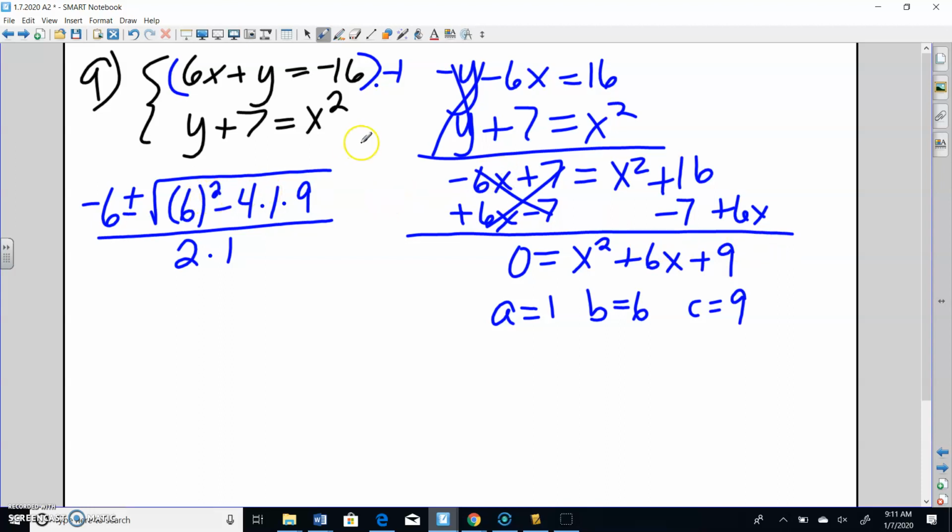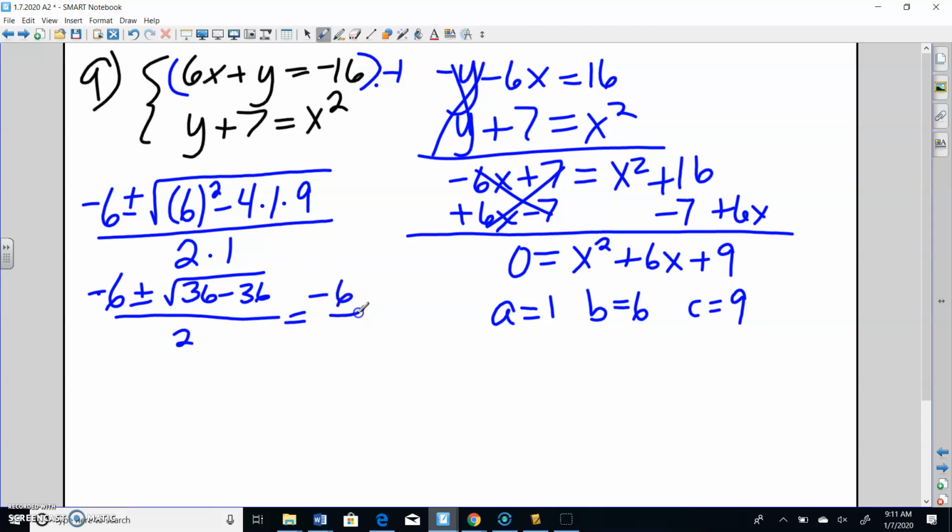Okay. So continuing on here, we have -6 plus or minus the square root of 36 minus 36, over 2. So 36 minus 36 is 0. We don't need to worry about the plus or minus because 0 is not going to affect it. Whether we add 0 or subtract 0 doesn't change our answer.